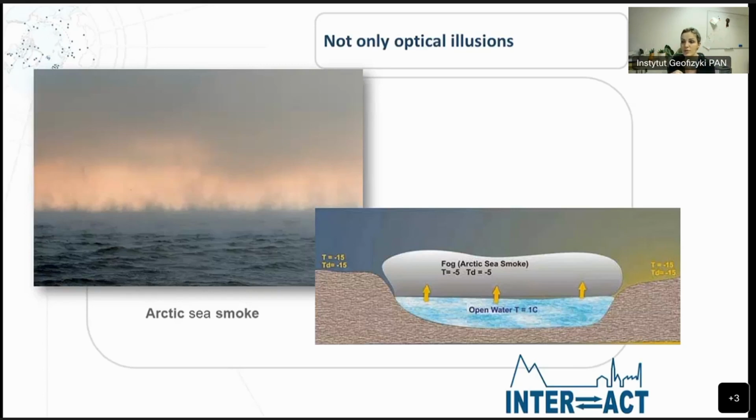So we observe sea smoke most easily in the Arctic. Like I said, sometimes it's a surprising event in the Baltic Sea. And it's explained here that this fog or mist is observed above the open water surface.